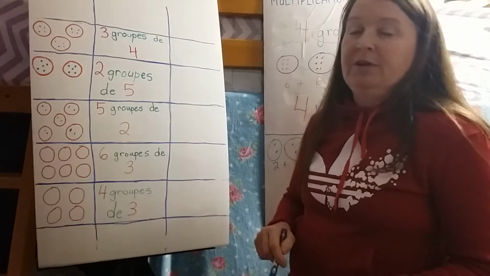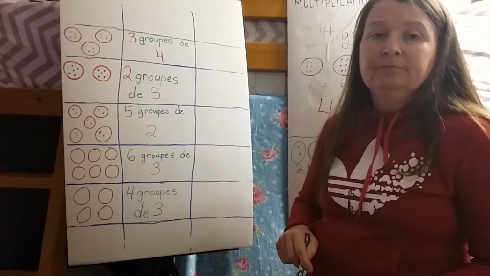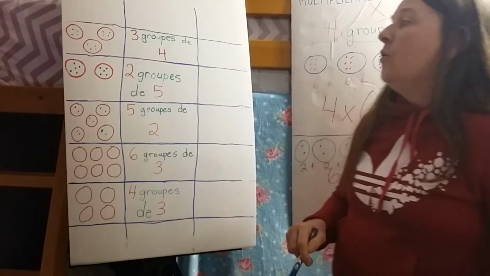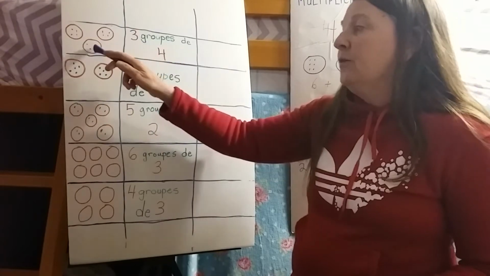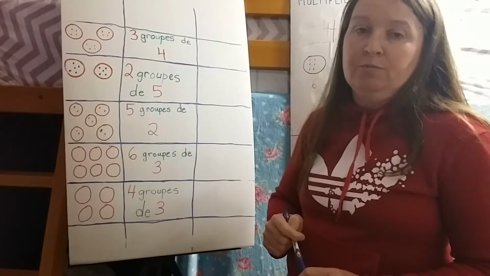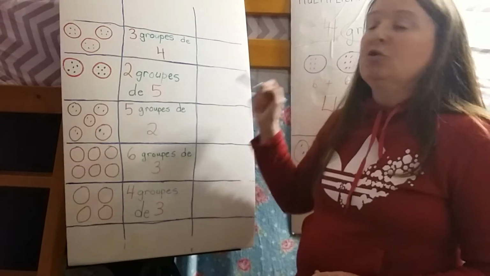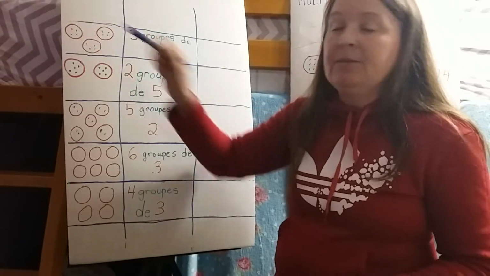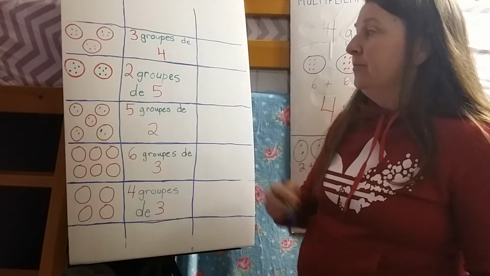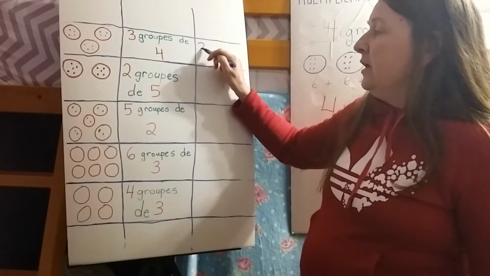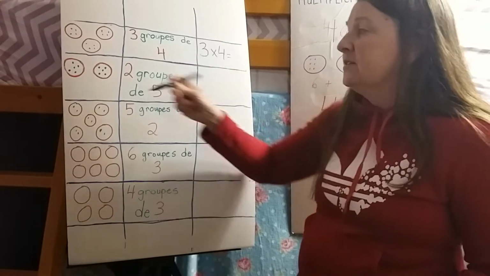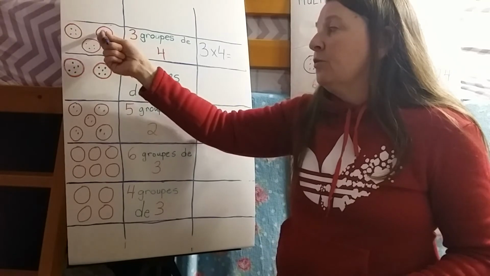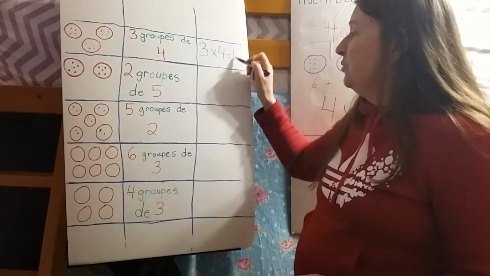If we're looking over here, we have 3 groups and we have 4 in each group. And this multiplication only works when we have the same number in each group. 3 groups of 4 gives us 4 plus 4 is 8, and another 4 would be 12.